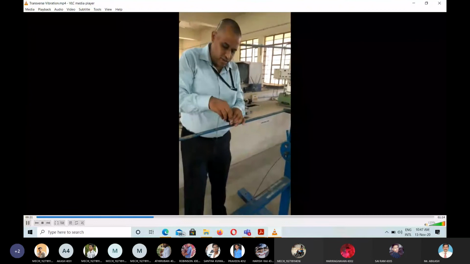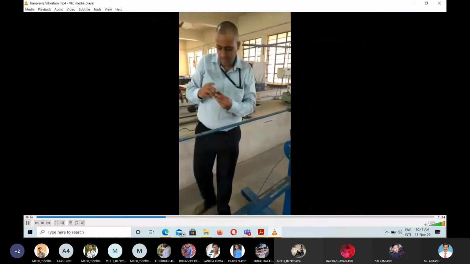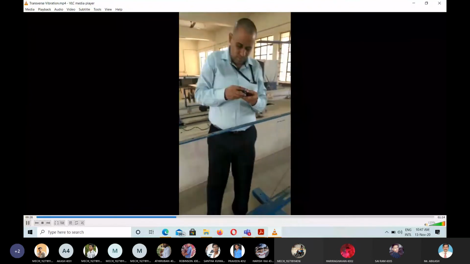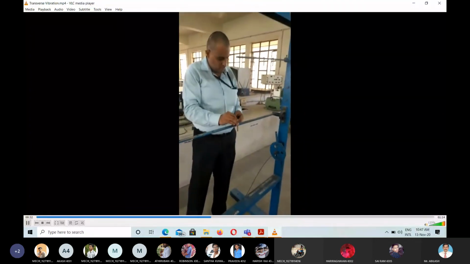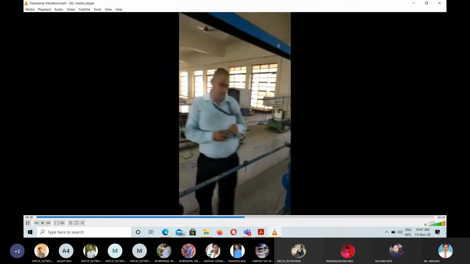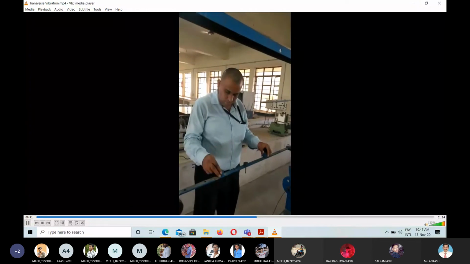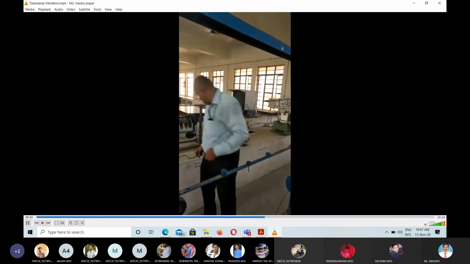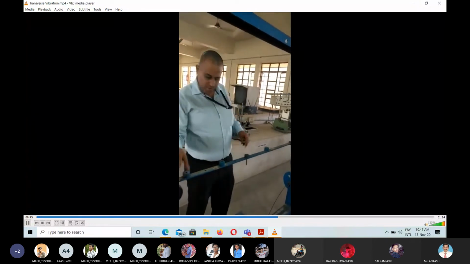And next, the concentrated position. Keep the load in this position and we are going to take the reading.